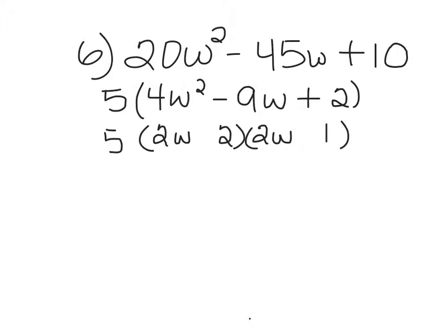Now remember we have to play with the positions of those factors to see if we can get negative 9w. So when I do the inner, I get 4. When I do the outer, I get 2. Well, 4 and 2 is only 6. So that is not going to work. I'm going to go back then and switch things up. If I take these out, I can use 4 times 1.